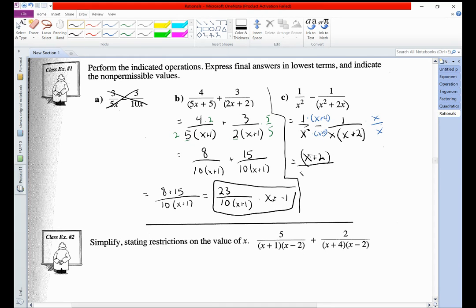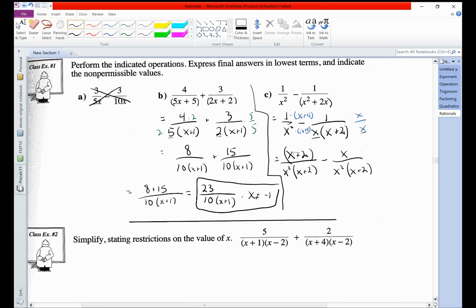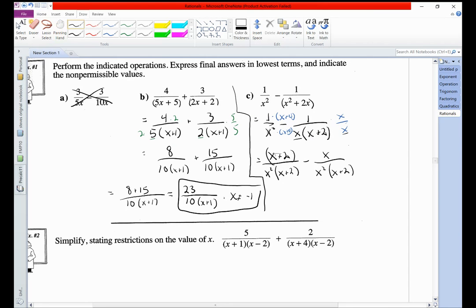And in the bottom, we have x squared multiplied by x plus 2. And then we subtract, now we have x in the top of that one over, well, this x times this x is x squared, x plus 2. So now we can rewrite this as an entire fraction over x squared multiplied by x plus 2.